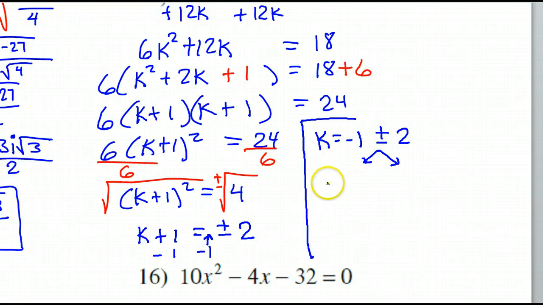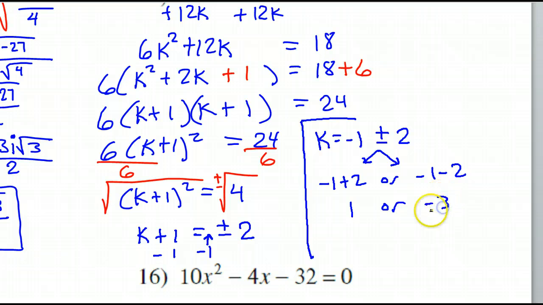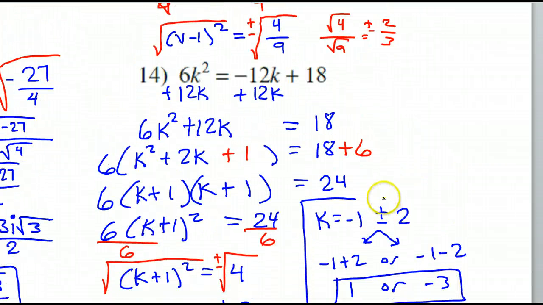Just understand that this is -1 + 2 or -1 - 2. There's your plus or minus. So -1 + 2 is 1 or -3. Those are the two solutions for number 14.